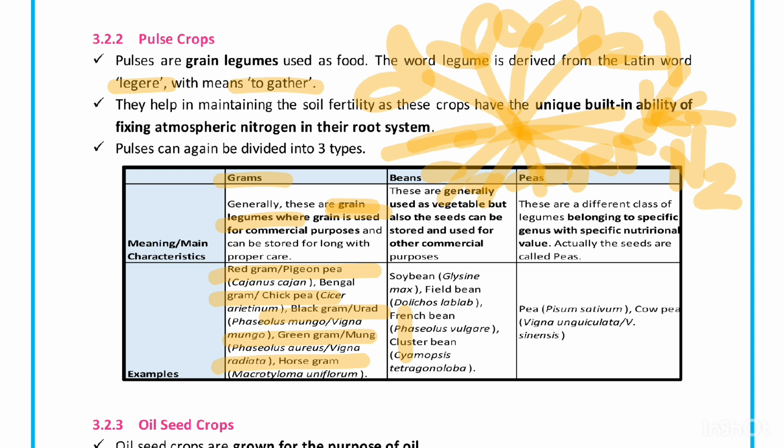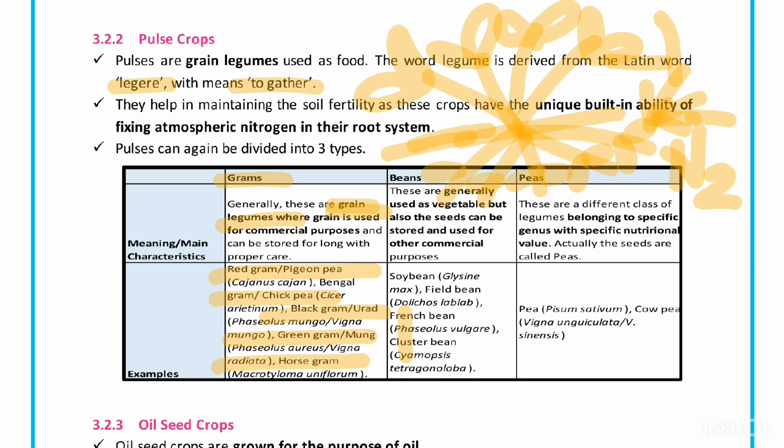Basically, sometimes what will happen is when we grow cereal crops like rice, the rice does not replenish nutrients back to the soil. They are exhaustive crops, they exhaust all the nutrients.